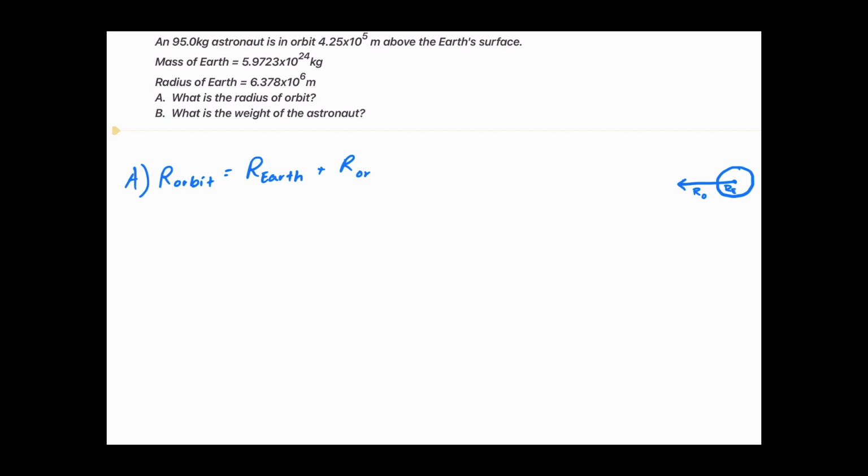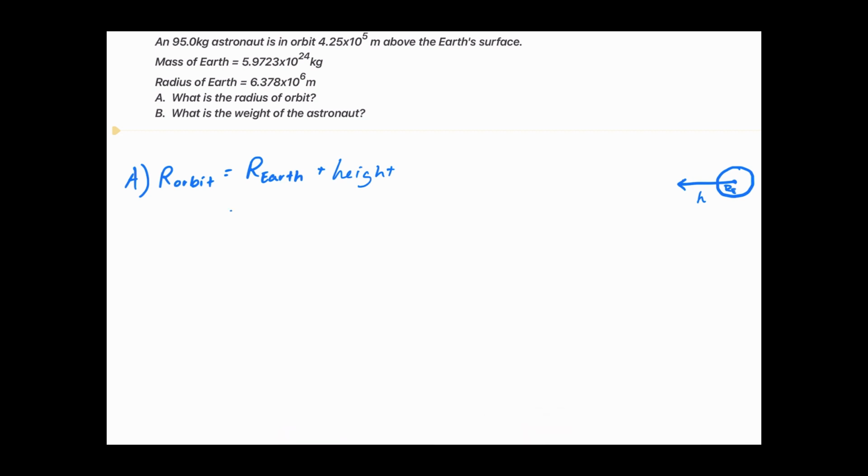I'll call it the height. That way we don't get confused.